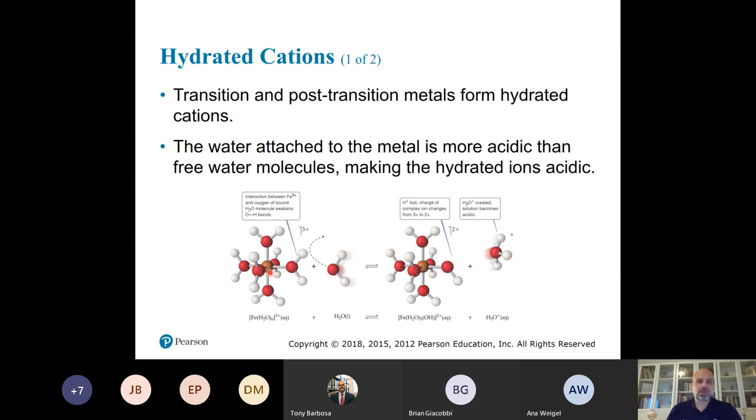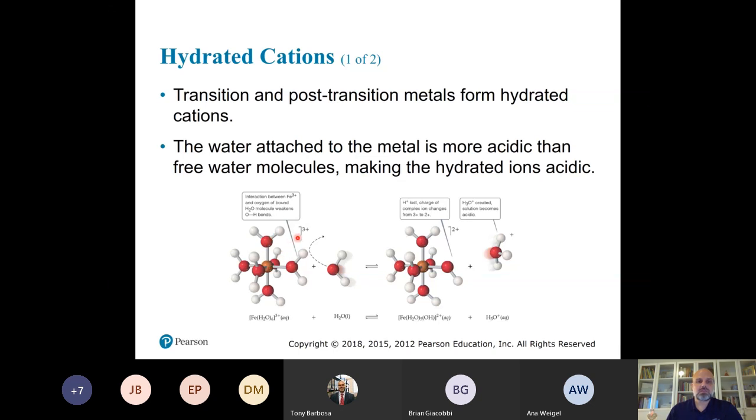So the iron ion here is at the center, and you can see the water molecules have surrounded the iron ion. And by surrounding this iron ion, they have basically created what is known as a hydrated ion. And all it is, the iron is in the center. It's being stabilized, right?